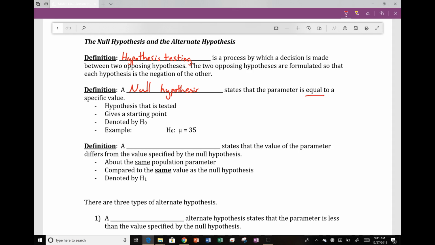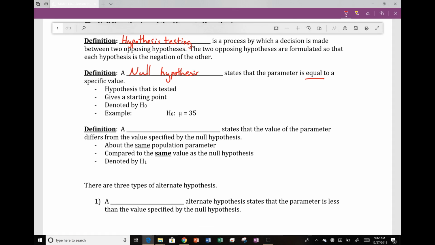Is equal to. This is what we're actually testing. Is it this or is it something else? The null hypothesis gives us that starting point. It is denoted by H0, and an example of that is the null hypothesis, H0, mu is equal to 35.